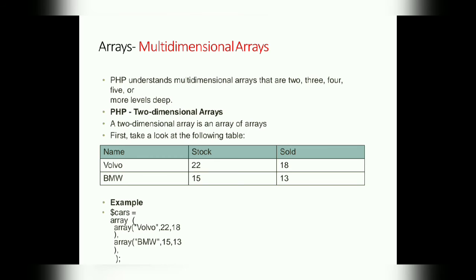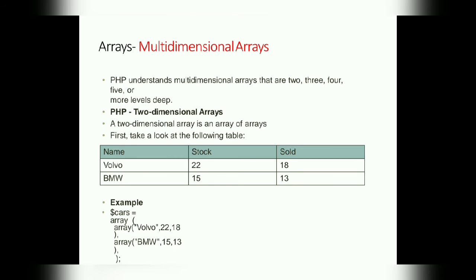Okay, so what will be the output? As we have provided echo value as key, each key will have the values of the variables that you have already defined in the array. So Key equals Peter and Value equals 35. Again for the second user, Key equals Ben, Value equals 37, and Key equals Joe, the value will be 43. So this is all about the associative array.